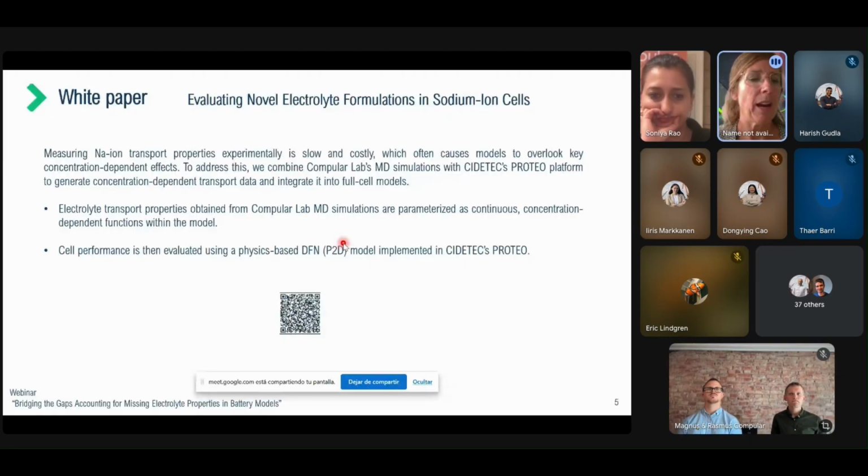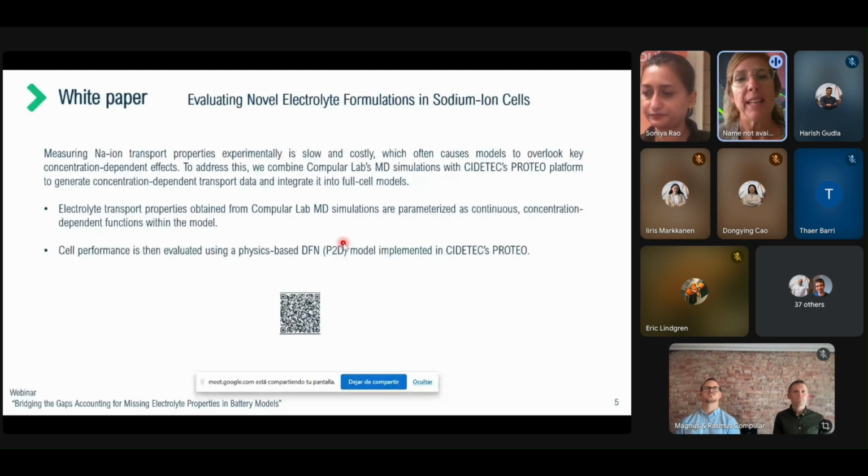If you are performing electrochemical tests to extract, for instance, the electrolyte diffusion coefficient, it takes a lot of time, because you need to assemble a lot of symmetrical cells and build the electrolyte with different salt concentrations, if you want to capture this information in the transport properties, or if you want to consider temperature in the properties. So this is quite time consuming, where simulations can save a lot of time.